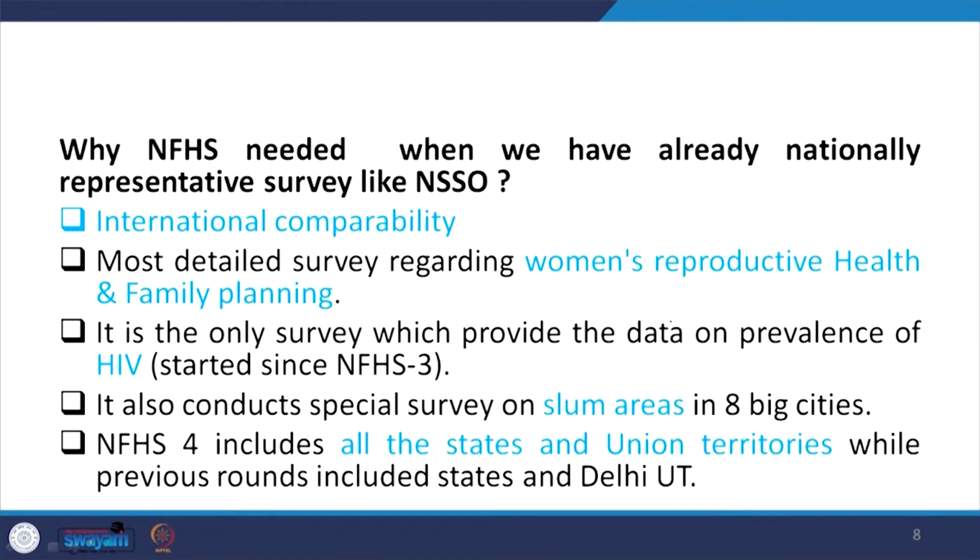Similarly, it is the only survey which provides data on the prevalence of HIV. That is very interesting, and controlling HIV is one of the important questions across different forums, and especially since NFHS 3, this has been included in the questionnaire.